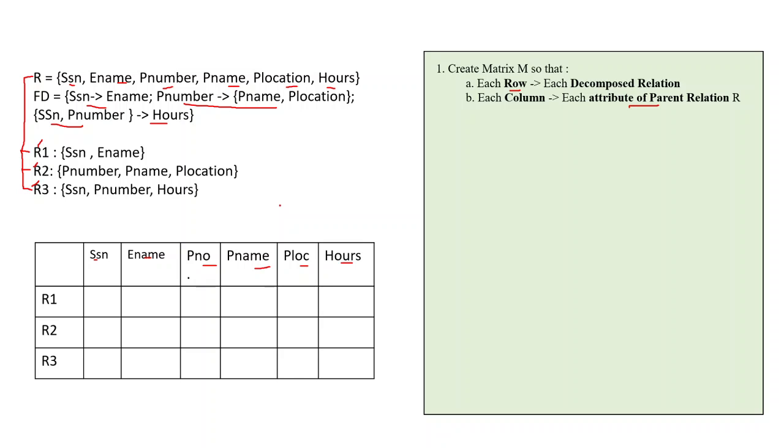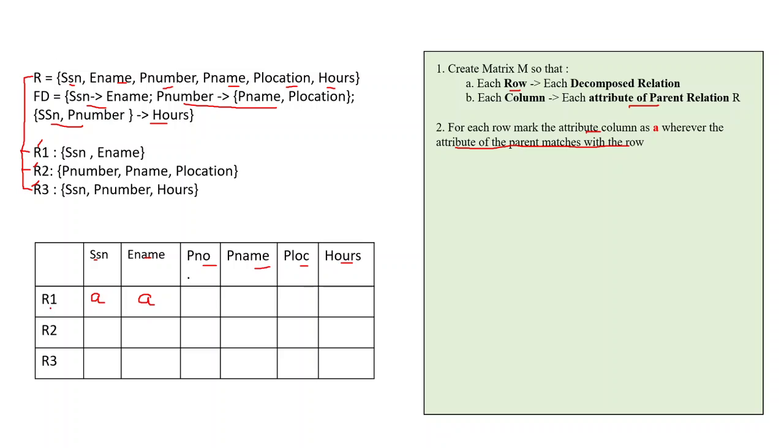Now the next step is, for each row, mark the attribute column as A whenever the attribute of the parent matches with the row. The attributes of R1 are SSN and ename, so we mark SSN and ename as A for R1, or row 1.